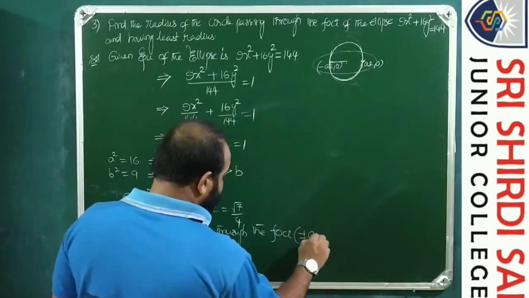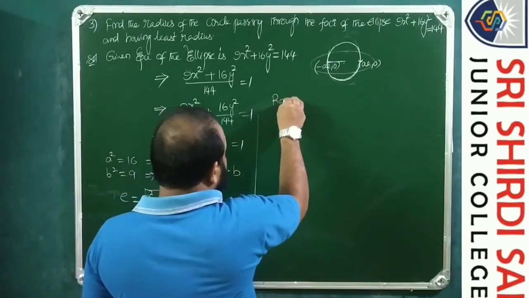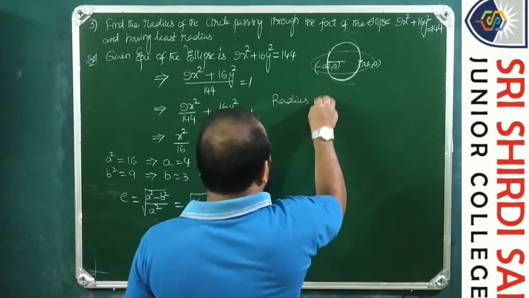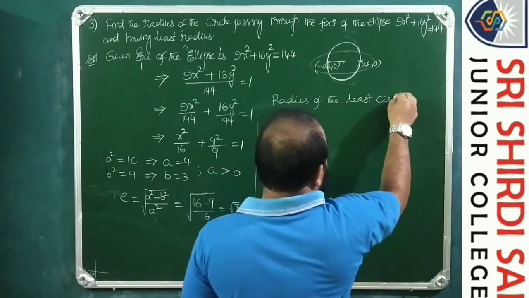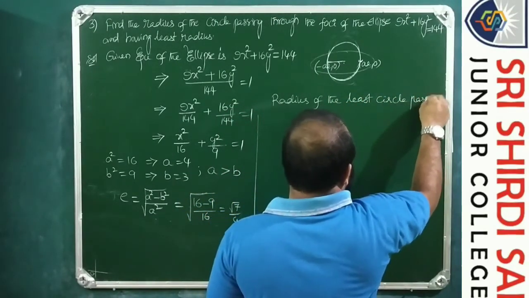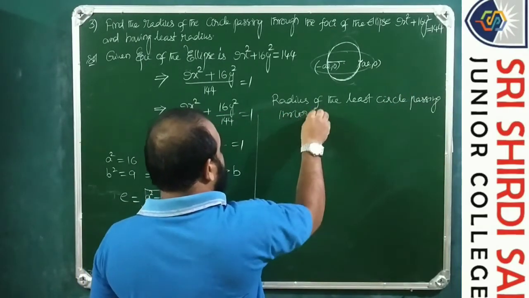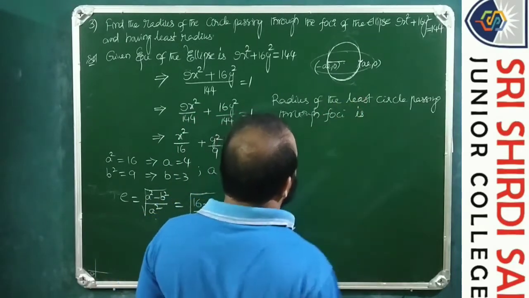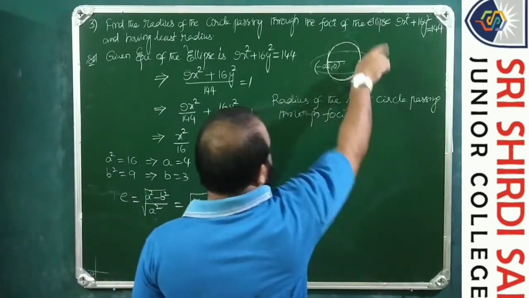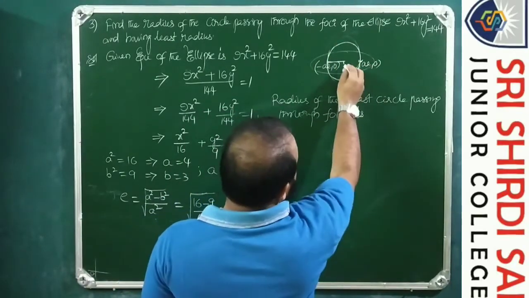Plus or minus ae comma 0. The radius of the least circle passing through the foci is, so this is the required circle, and the required circle's radius is how much?